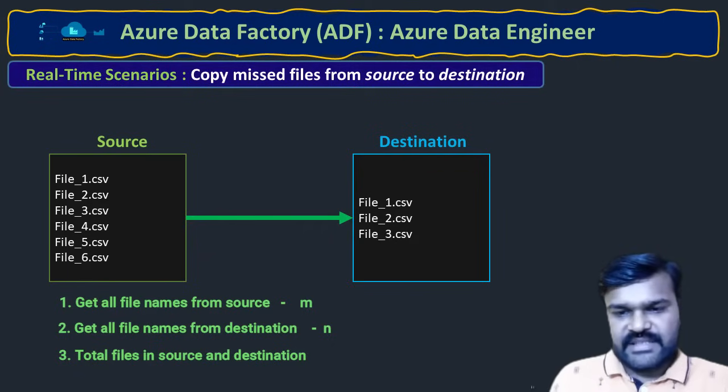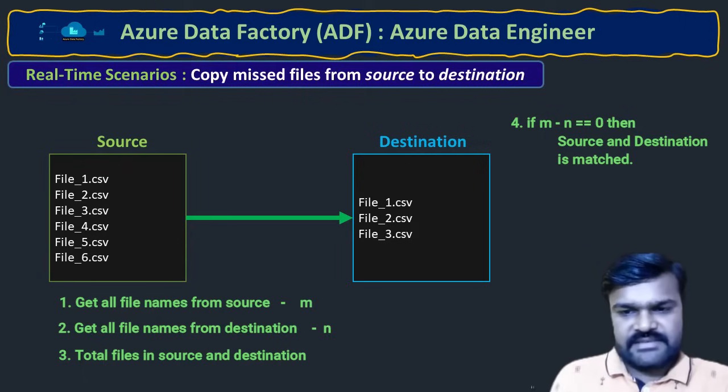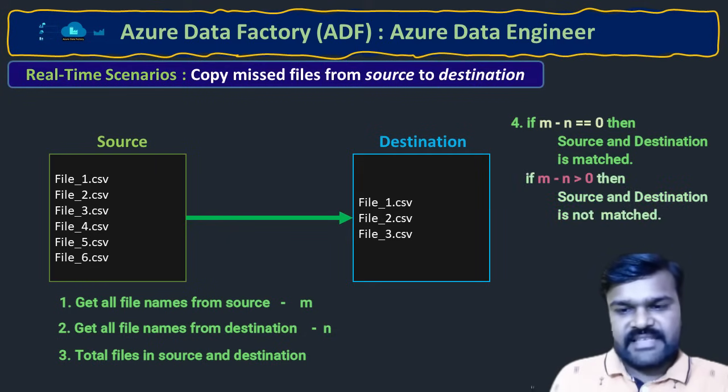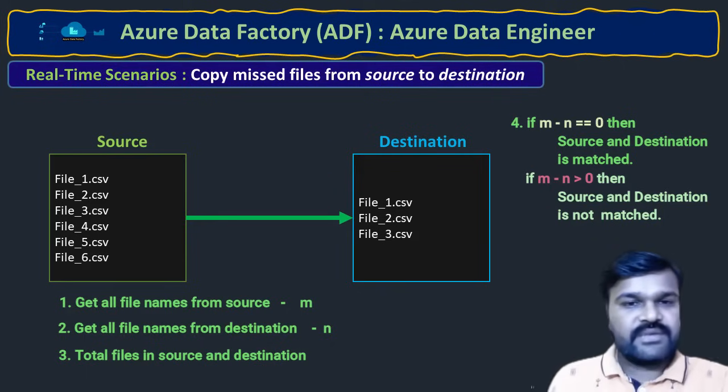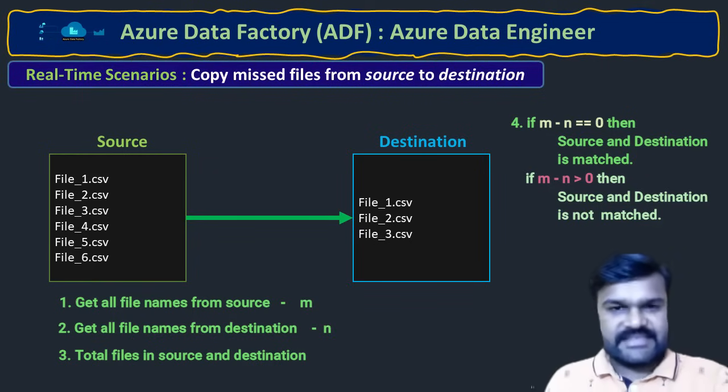The next step, the fourth step, is M minus N. If it is 0, what does it mean? All files from source exist in the destination, so there is an exact number of files. If M minus N is greater than 0, that means some files are missed. At that time, identify those files and then move them to the destination.